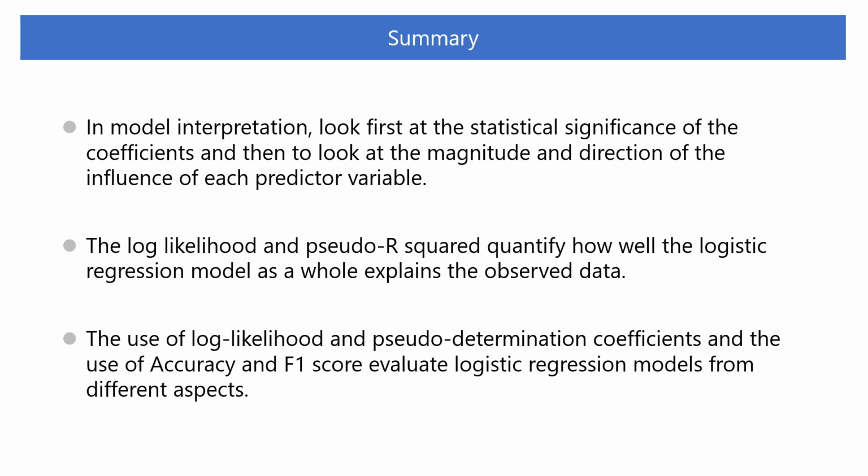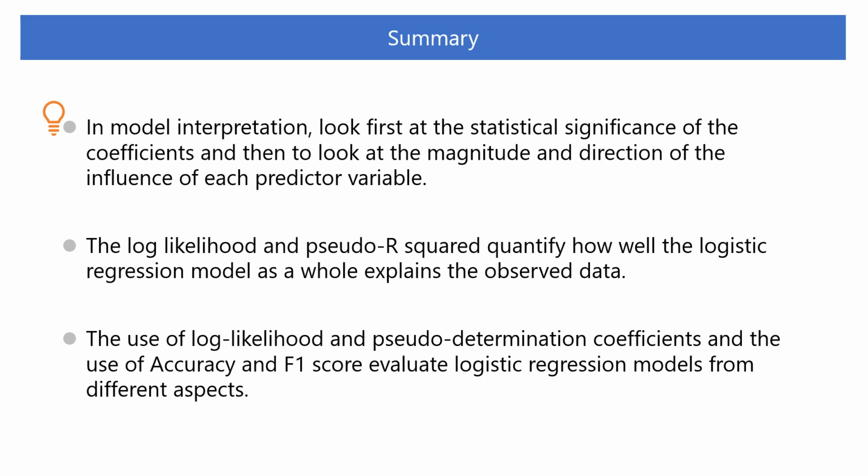In this chapter, we have looked at how to interpret the results of a logistic regression model. In model interpretation, it is important to look first at the statistical significance of the coefficients and then to look at the magnitude and direction of the influence of each predictor variable by looking at the sign and absolute value of those coefficients that are significant.